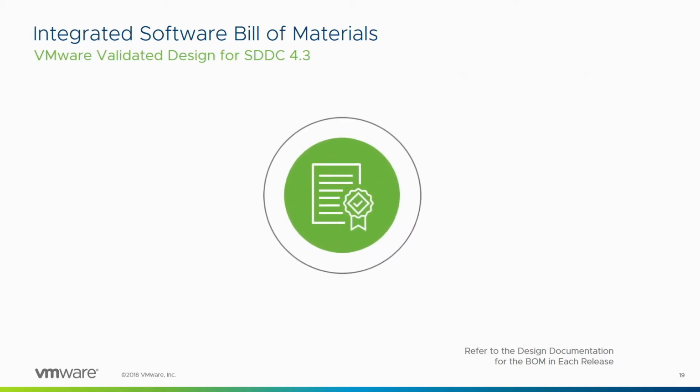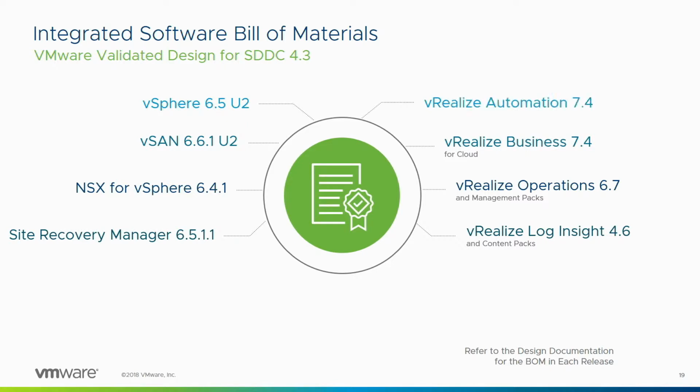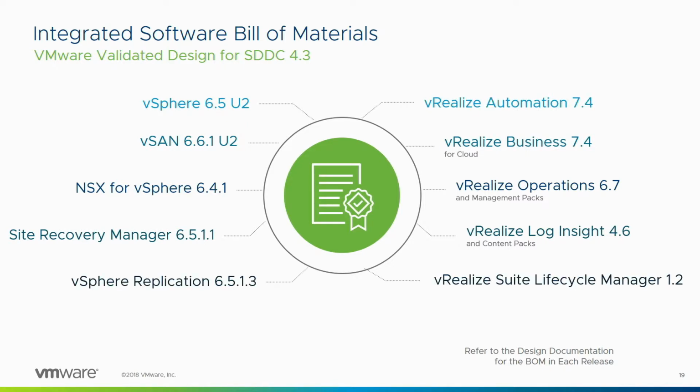All right, so we talked about what was in a VVD, and Forbes mentioned the interoperability between the different products, right? You'll notice up here that our latest VVD only has vSphere 6.5U2. People look at us and go, well, hang on a second, vSphere 6.7's been out for a while now. Why is that?